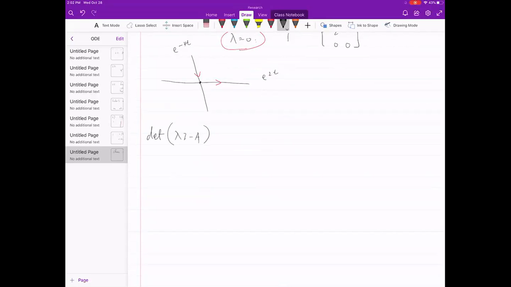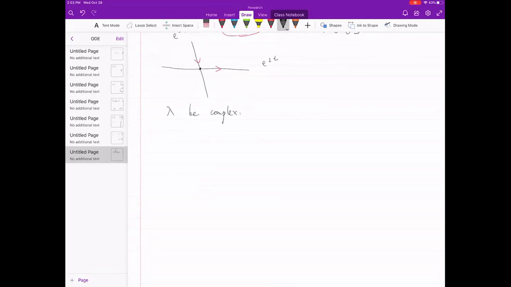Of course. So we do have complex numbers. Very easy to construct.